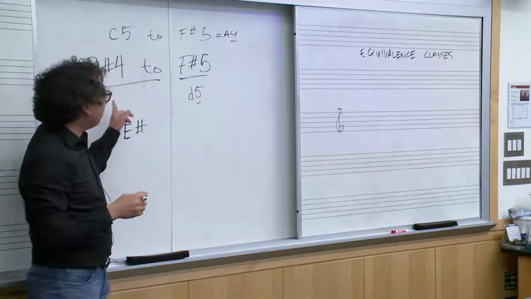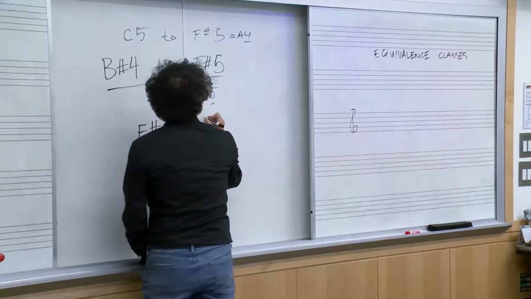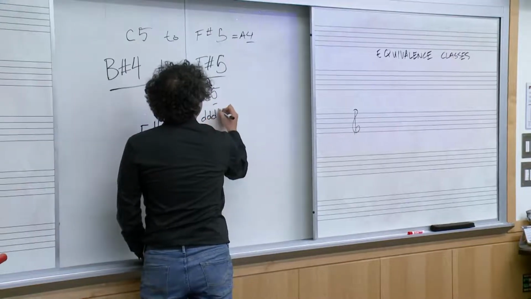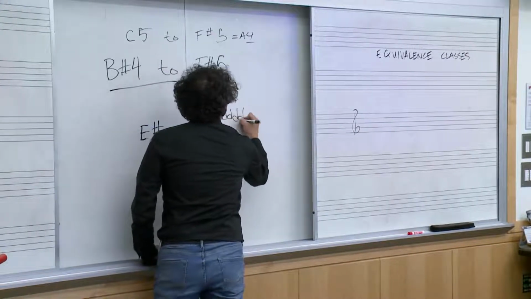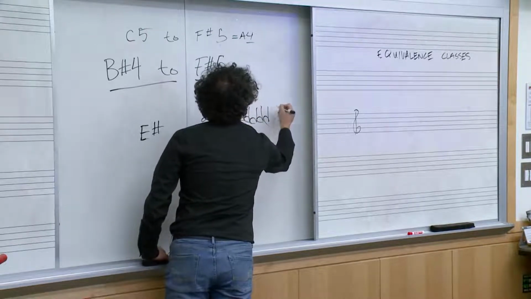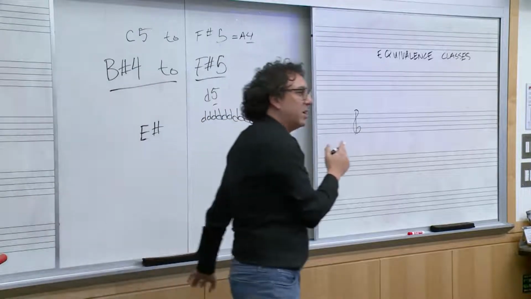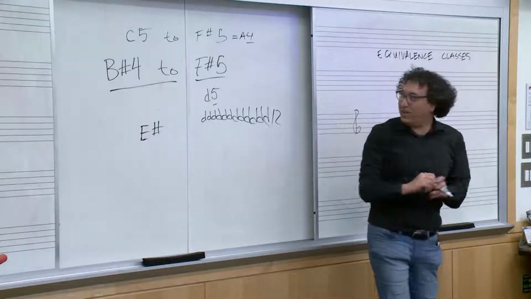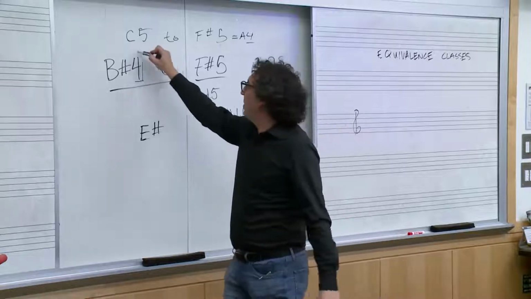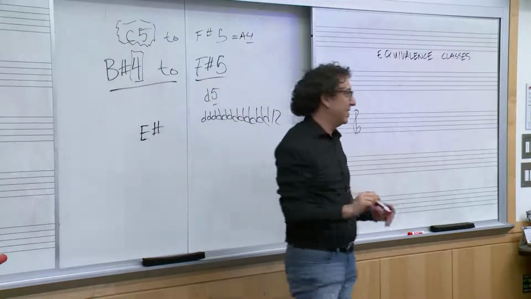What came up a lot were various things like D, D, D, D, D, D, D, D, D, D, 12th. I think that might not be enough Ds. Because the issue is that the B sharp sounds like it's in octave 5, but it's not.